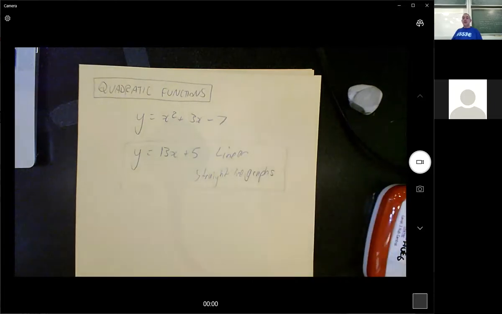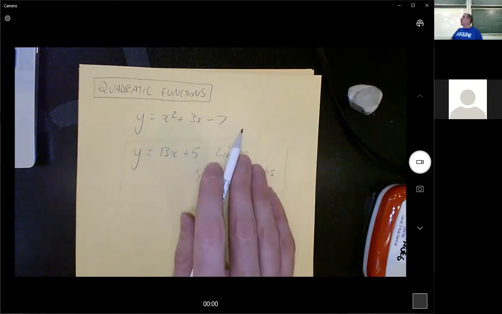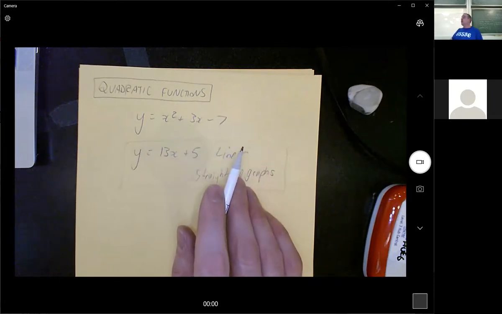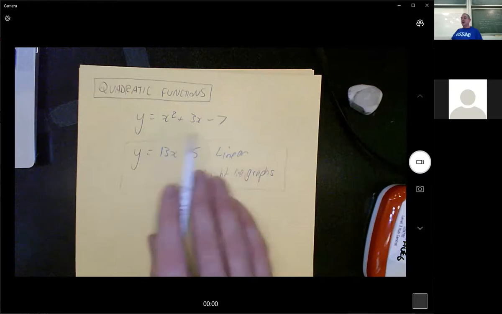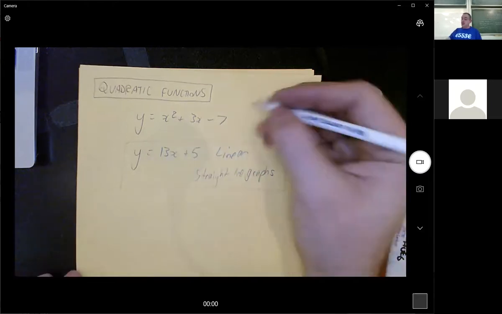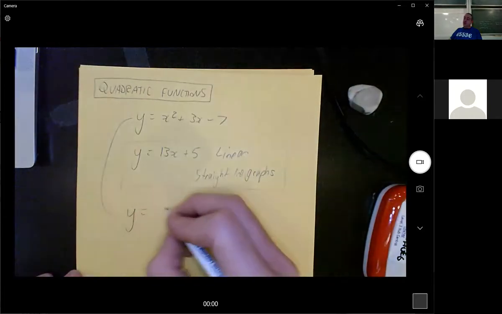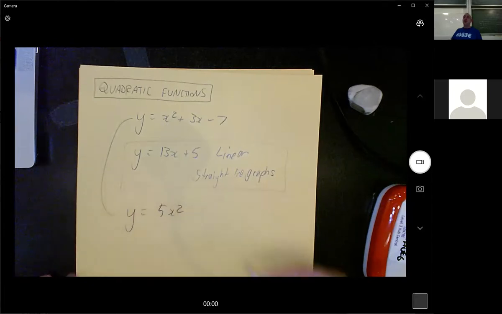And then there are quadratic functions, which look like this. A quadratic function has anything with a square: x squareds, and possibly x's and possibly plain numbers, but it doesn't have to have all of those things. You can also have just 5x squared, that's okay.